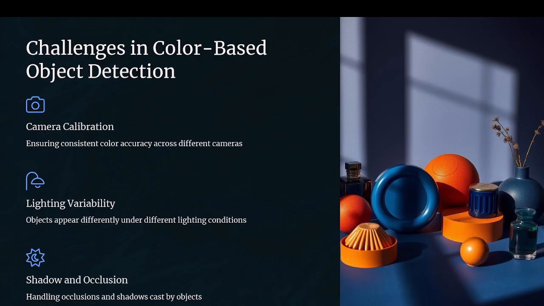For example, a pedestrian's leg hidden by a vehicle might confuse the system. In the real world, think about an autonomous vehicle: its object detection system must function despite challenges like low light or complex urban environments.